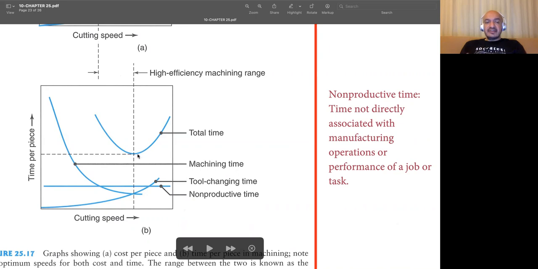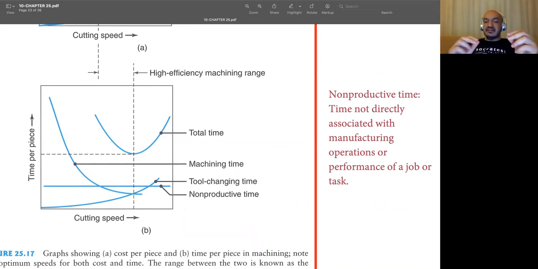The main reason behind this increase is again the frequency of tool changing, since it affects our idle time, since we need to spend time on demounting the tool insert, and then replacing it with a new tool. So that's why it's always increasing.